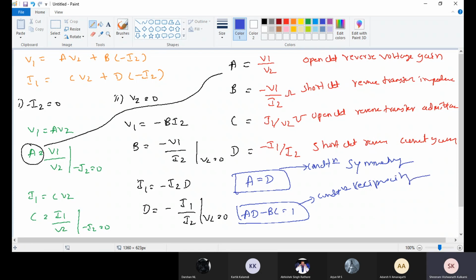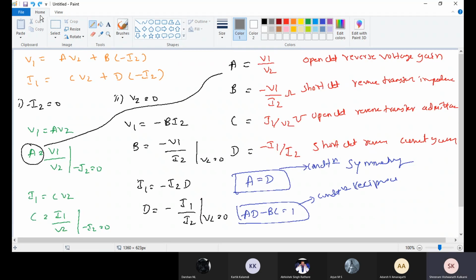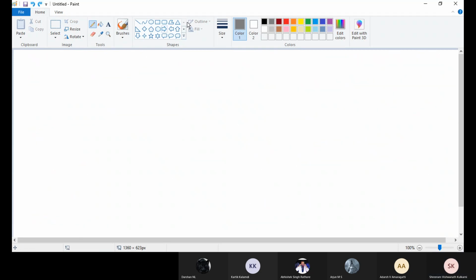Now we'll solve this first one. We'll take a simple problem with dependent sources. It is nothing but expressing the ABCD parameters in an equivalent circuit.